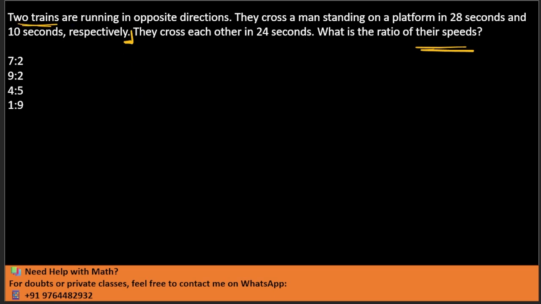Two trains are moving in opposite directions, and both trains are crossing a man. One is crossing in 28 seconds and another in 10 seconds only. And they cross each other in 24 seconds, and we need to find the ratio of their speeds.